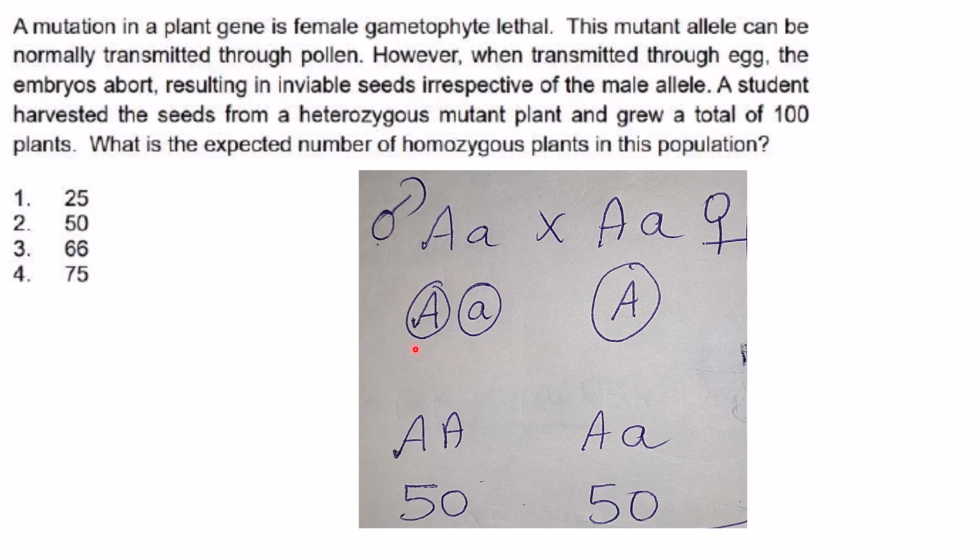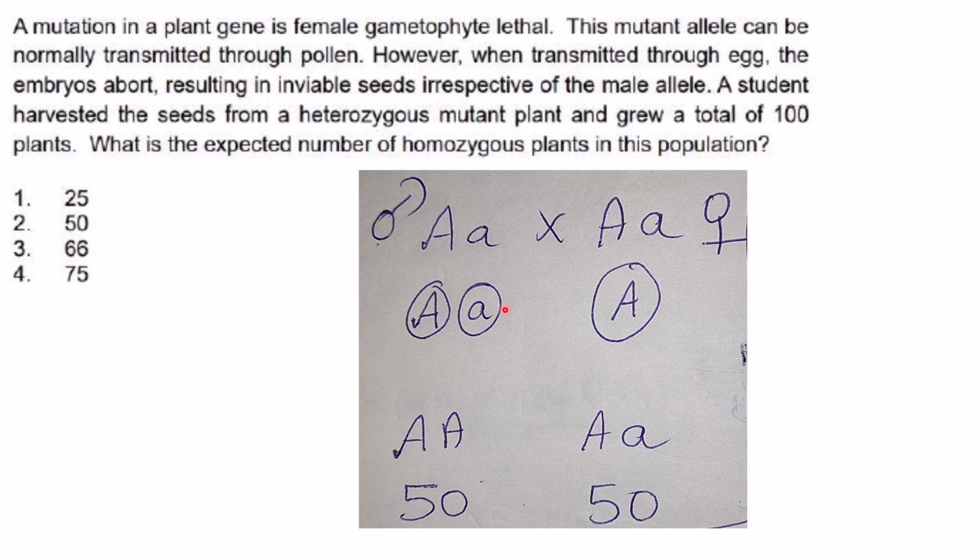and the seeds will produce a genotype. What is that? The male parent will produce the capital A genotype and the small a genotype. Now small a, we will take it as the one which is causing the lethal mutation. Now the female parent will not produce the small a gamete. Why? Because if it is transmitted through eggs, the embryos will abort. So it will not produce that gamete.